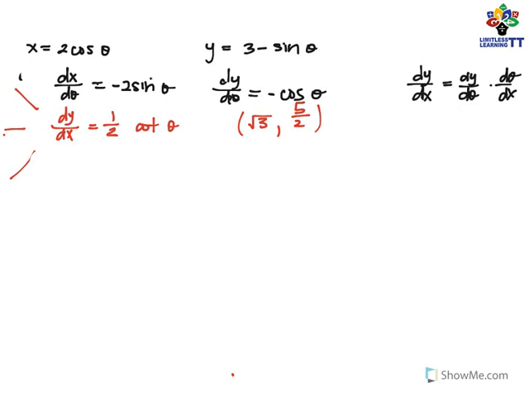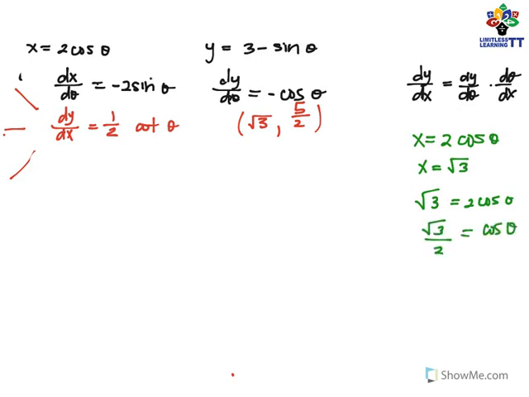All right, so our function is that x is equal to 2 cos theta, and at this point x is equal to square root of 3. So square root of 3 is equal to 2 cos theta, which means cos theta is equal to square root of 3 over 2.